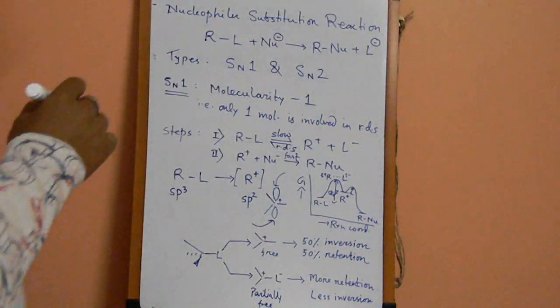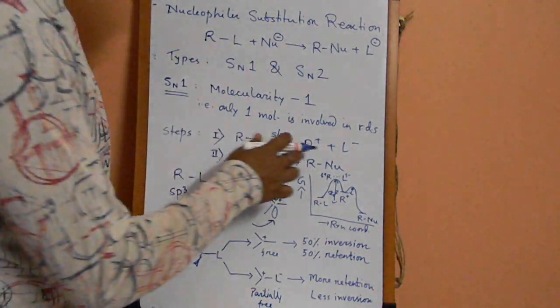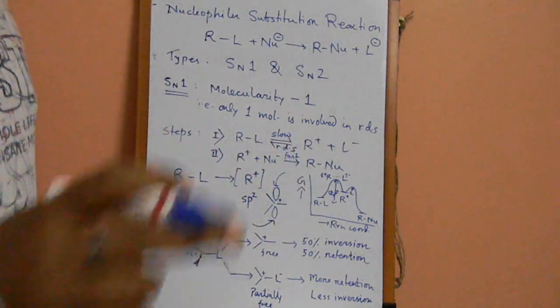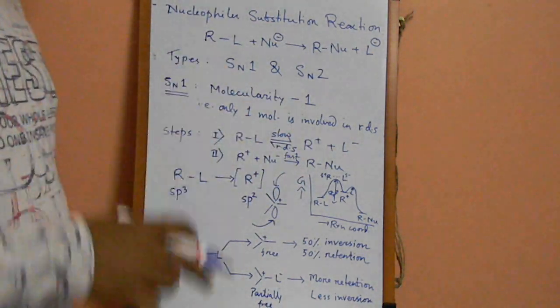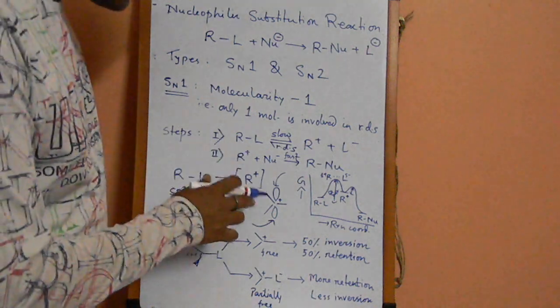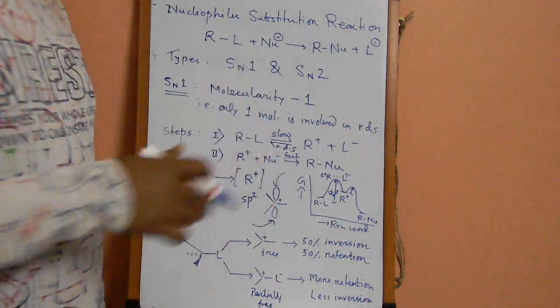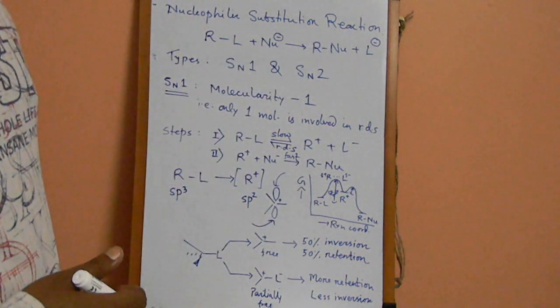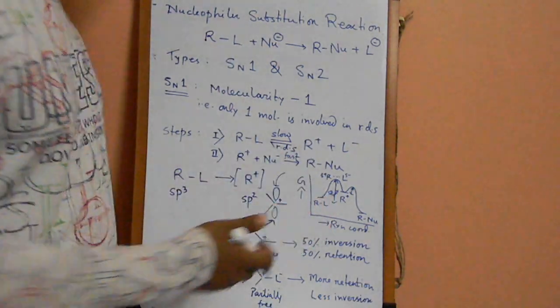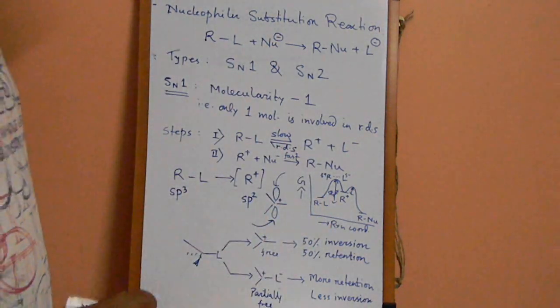So you will definitely get RNu as your product, but stereochemically you are going to get two different products, which we call enantiomers, we will come to that later.